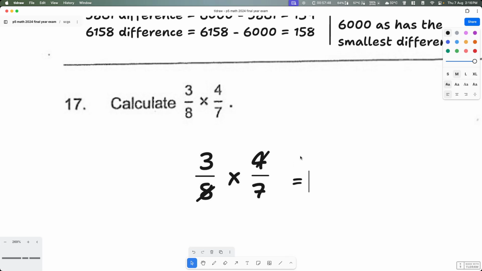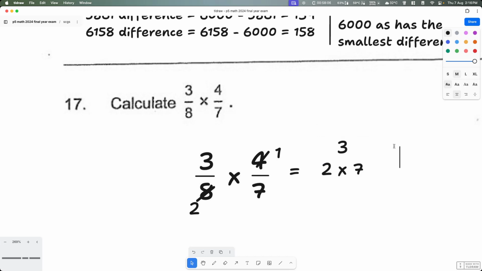Then this becomes 2, and the other becomes 1. So that means this will be 3 over 2 times 7.